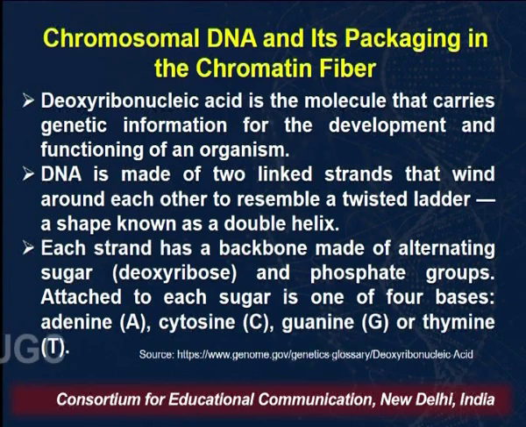Each of these strands is made up of a sugar backbone along with a phosphate group. The sugar in this DNA is the deoxyribose sugar. They contain four main bases: adenine, cytosine, guanine and thymine, referred to in short form as A, C, G and T.